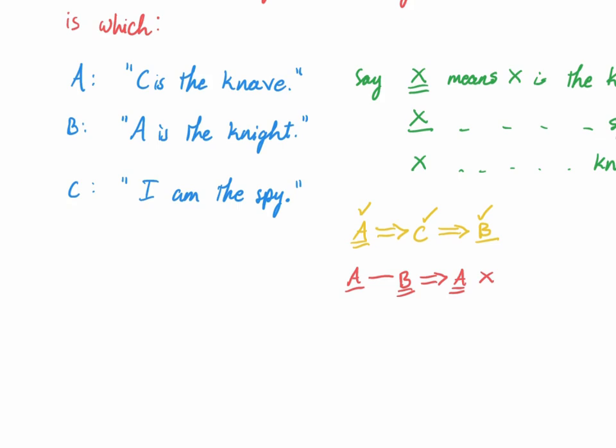Now, if B is the knight, then before even going further, we can already see that B must be telling the truth about A being the knight. Right there we already know that's not possible, because we've already decided that A was the spy. Next, let's consider the other branching possibility, that B was the knave.